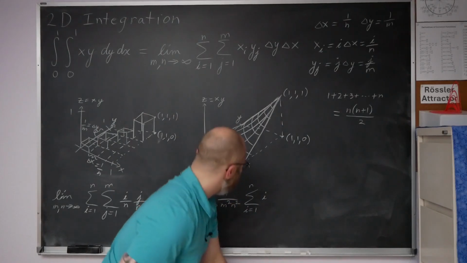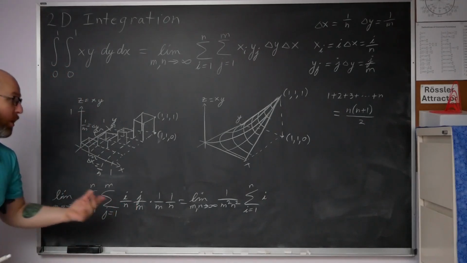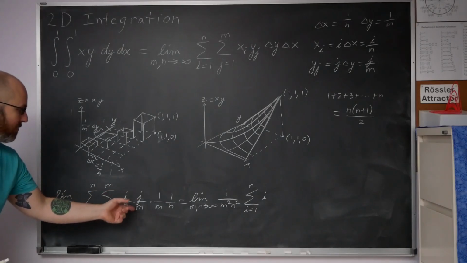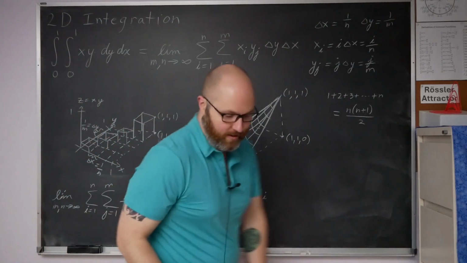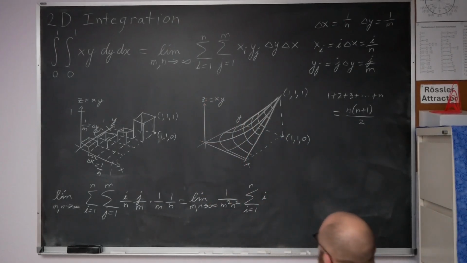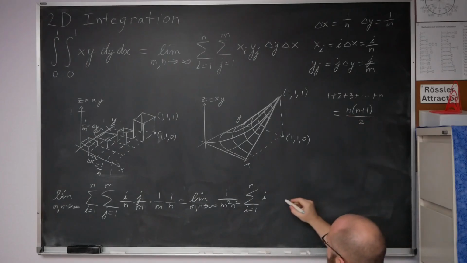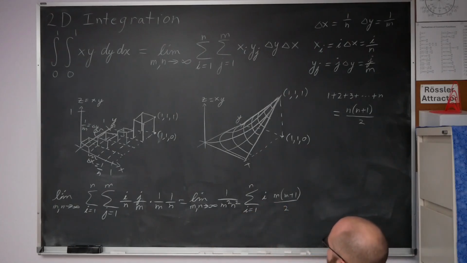But that's multiplying the summation I'm going to be doing for j on the inside. But I already know what that is, because it's 1 plus 2 plus 3 plus 4 plus dot dot dot plus m. So that's going to end up equaling, I'm going to replace n with m here, so it's m times m plus 1 over 2. So I've actually completed the first summation with the j's.